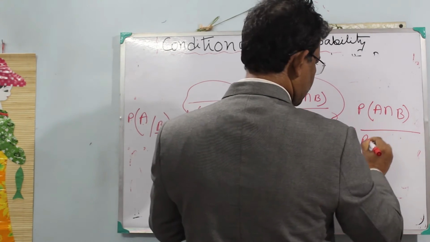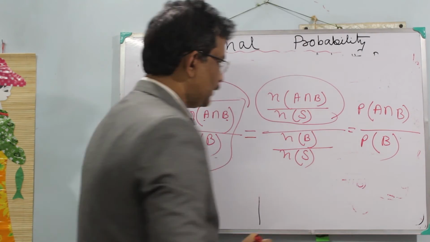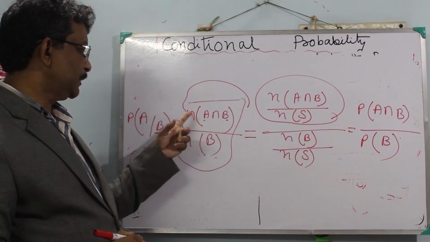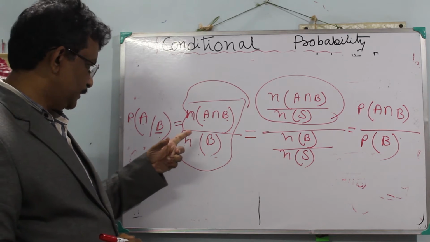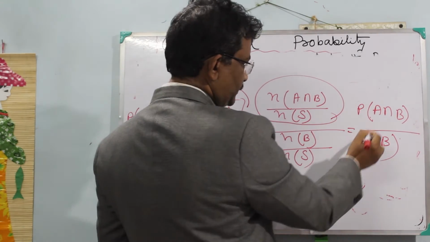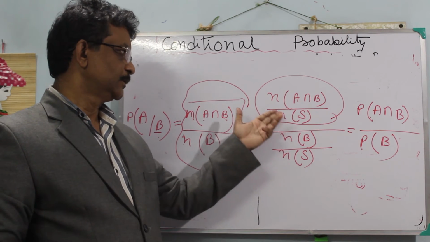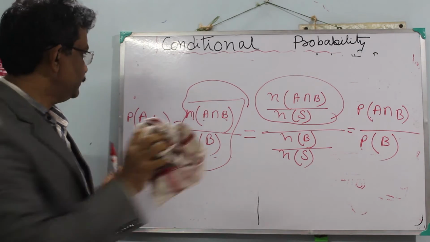This is probability of B. So either you use this formula, number of elements of A intersection B divided by number of elements of B, or probability of A intersection B divided by probability of B, dividing both numerator and denominator by number of elements of the sample space.